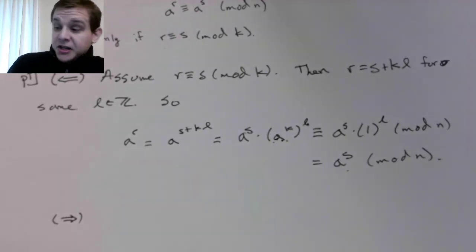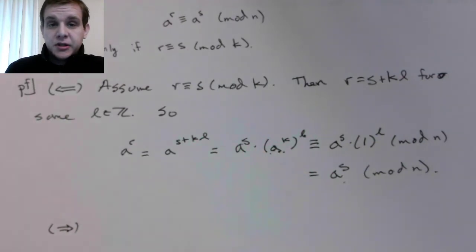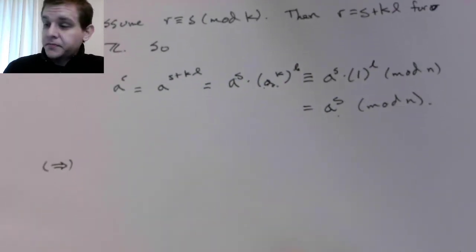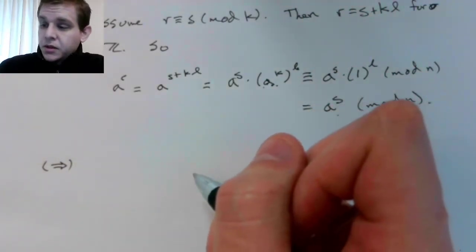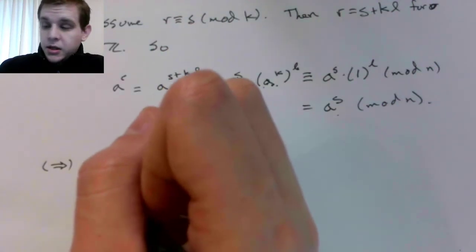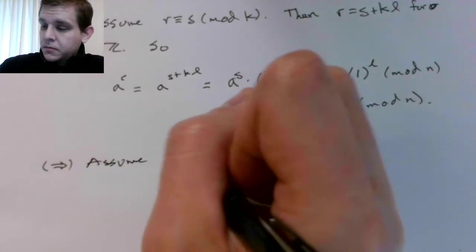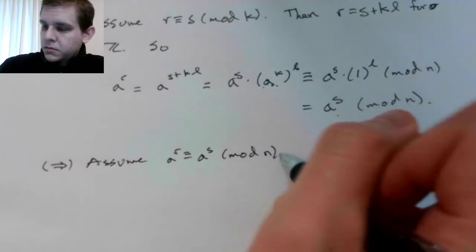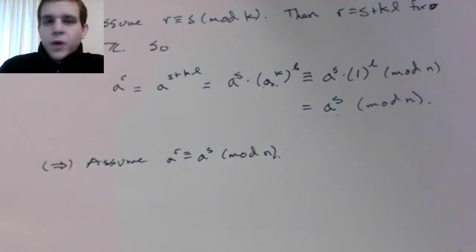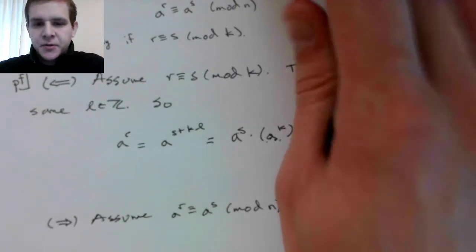Now let's prove the opposite implication. So I want to assume that a to the r is congruent to a to the s modulo n. Again, I start with the assumption. Well, we just showed that if a has an order, and we're assuming that a has order k, then it's invertible.